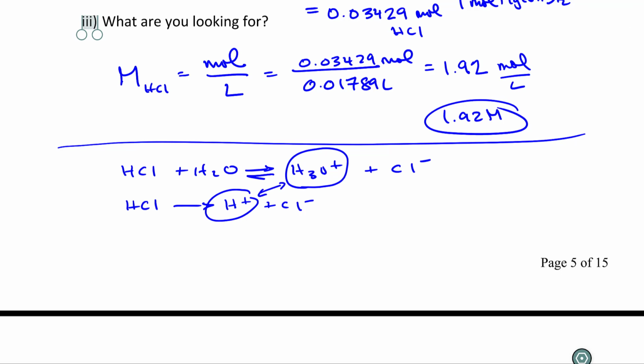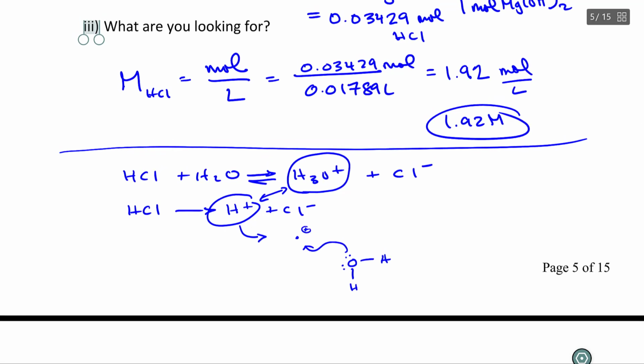And it turns out that the hydrogen ion, being just a proton, is super unstable. So what happens is water, with its electrons like this, can connect to it and help stabilize it. Again, this is just a hydrogen atom, right?